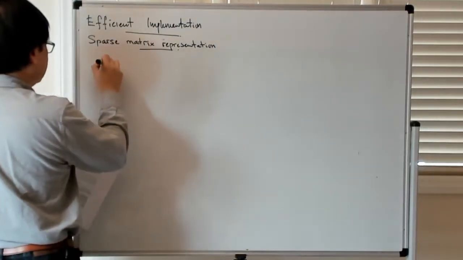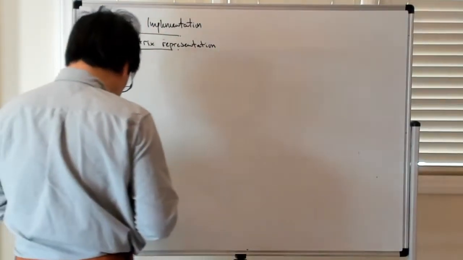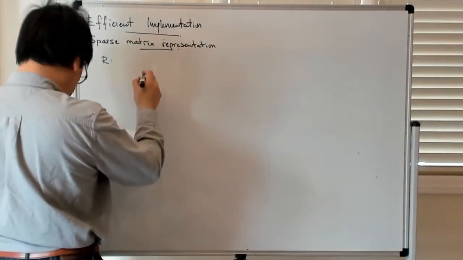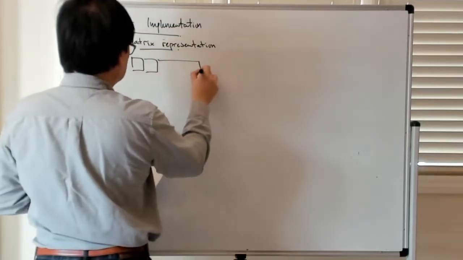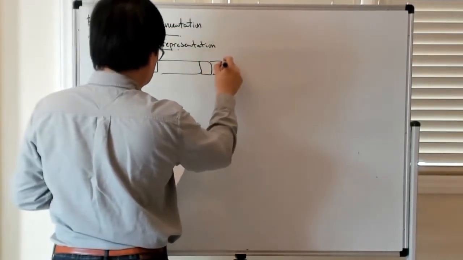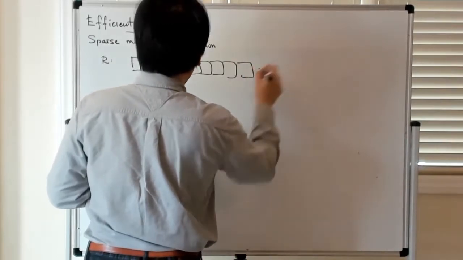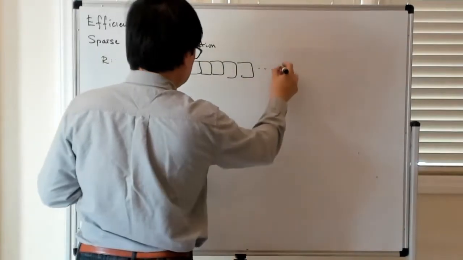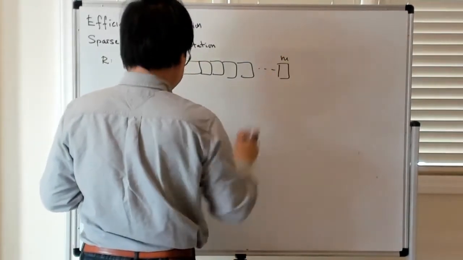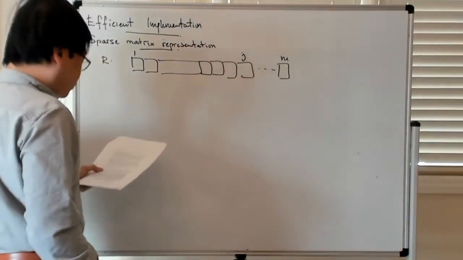So you have this matrix, this linear array R, and you have a bunch of blocks, 1 all the way up to M. Say this is the jth entry.